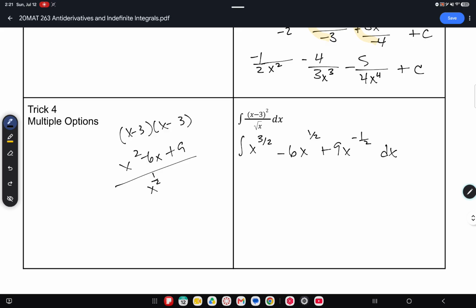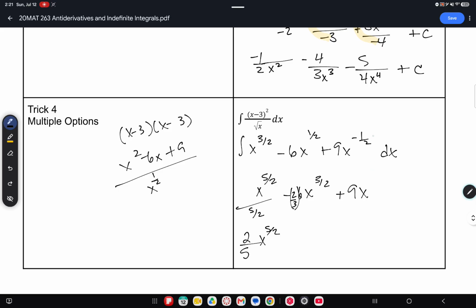So these are fractions. So we do a little bit of something extra here. We still add 1 to the power. So if I add 2 over 2, I get 5/2. But then when I divide by the new power, divided by that 5/2, we're really multiplying by 2/5. When you divide by fractions, you're really multiplying by the reciprocal. So if I add 1, that gives me 3/2, but then I'm really multiplying by 2/3.